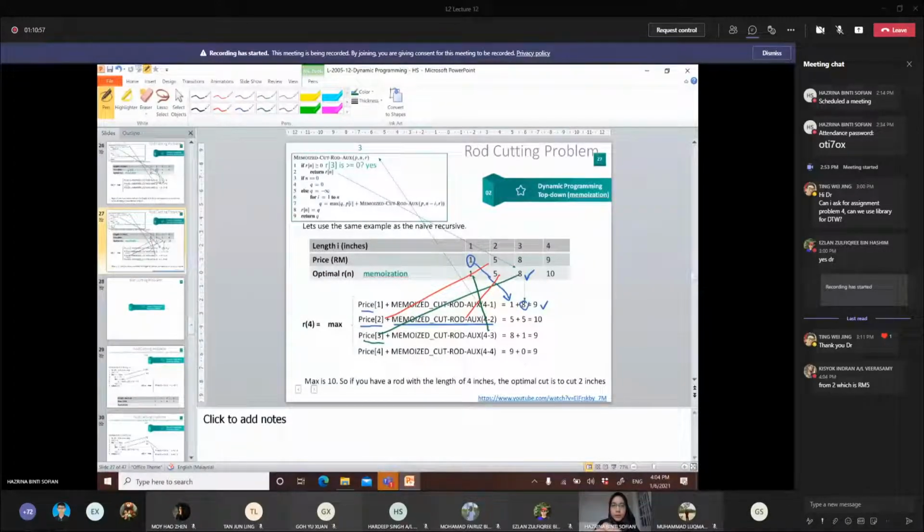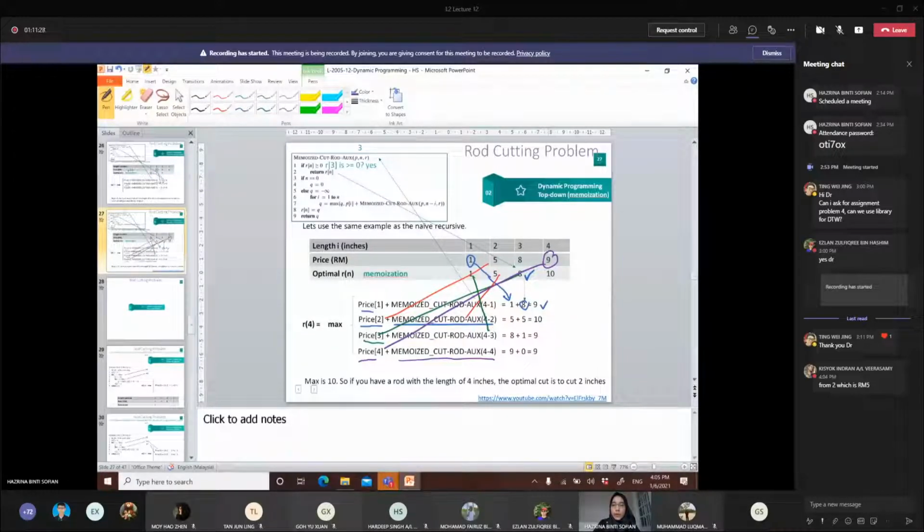Lastly is price 4. Price 4 we get from here, and memoized cut rod 4 minus 4 is 0. So that's why we get 10.